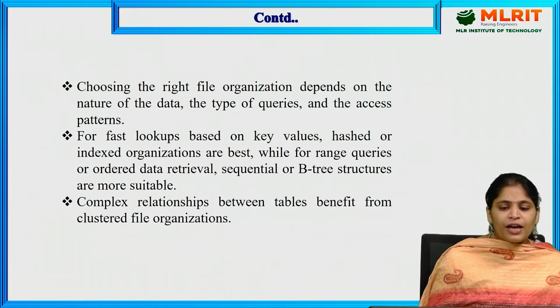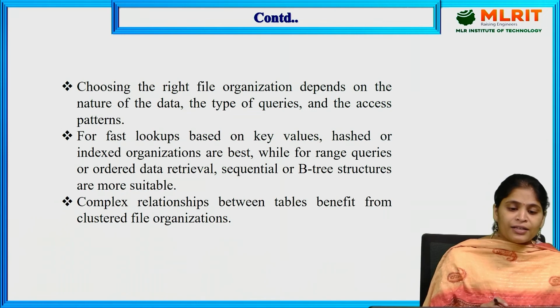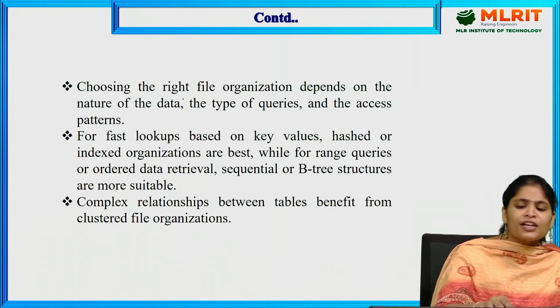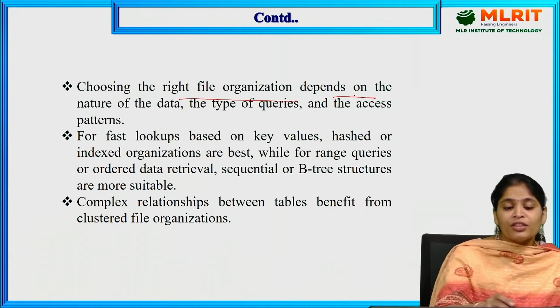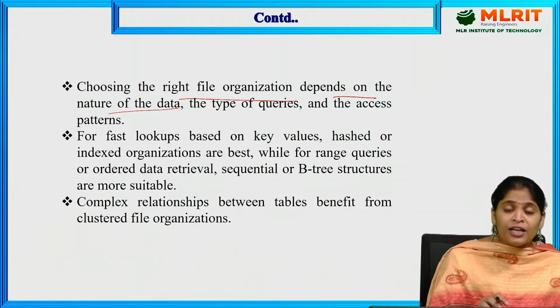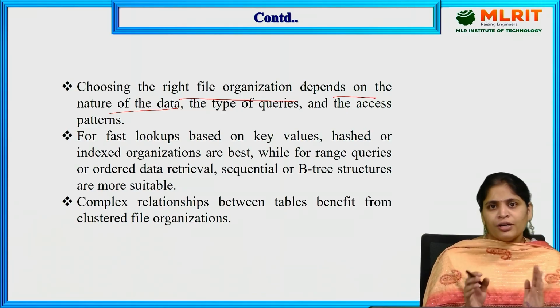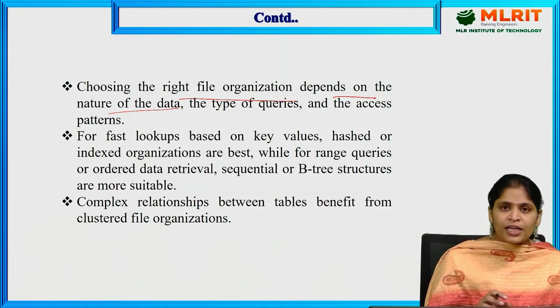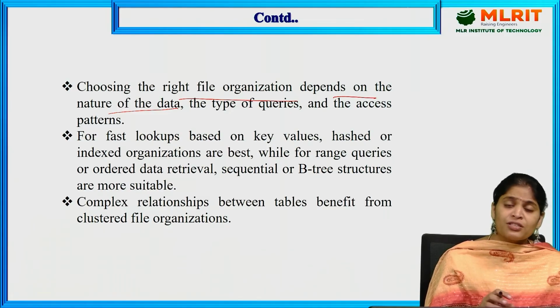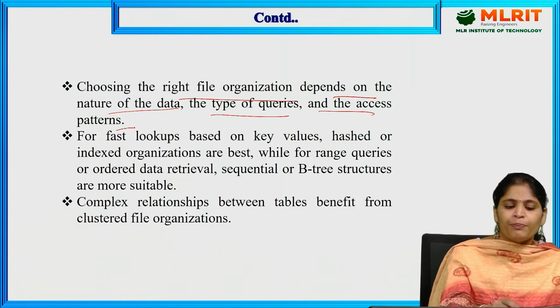So till now we have discussed the different types of file organizations, and the conclusion is that choosing the right file organization depends on the nature of the data. Whatever data we are going to insert, the volume of the data also matters. So choosing a file organization depends upon your data, the type of queries and the access patterns.